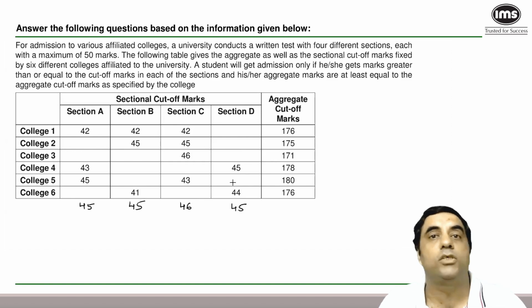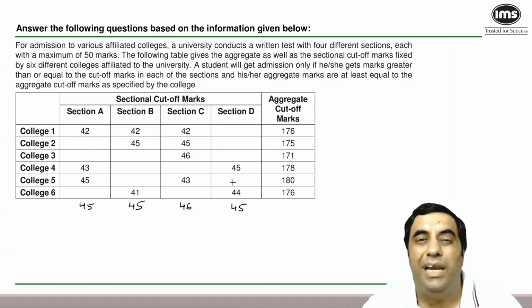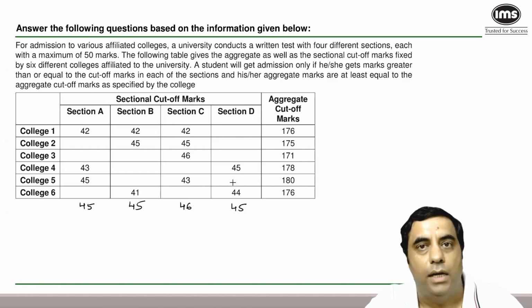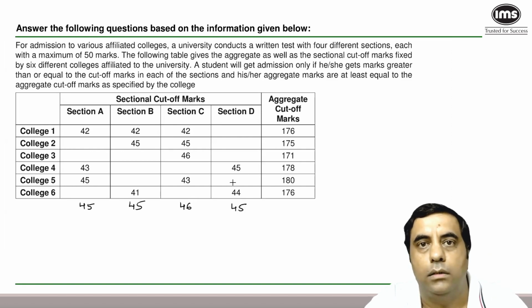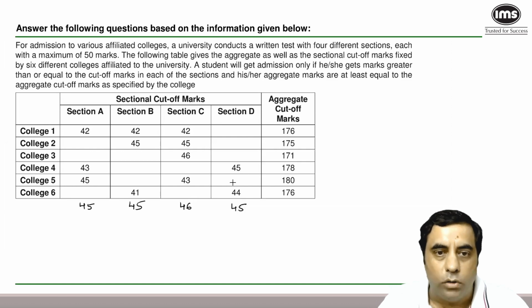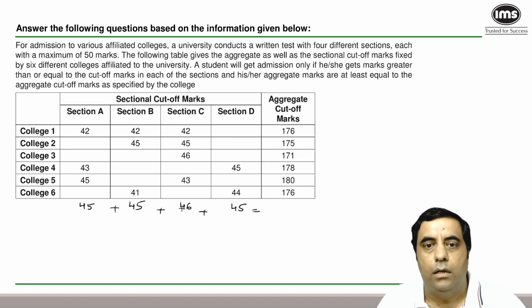So these are the sectional scores required in order to get a call, because if any section has fewer marks than what is written, the student will not be able to get a call from that particular college, and the call from all the colleges will not be satisfied. Now if we add all this, 45 plus 45 is 90, plus 46 is 136, 136 plus 45 is 181.